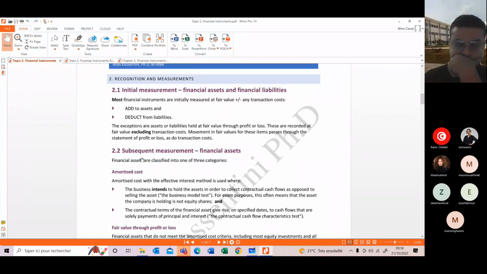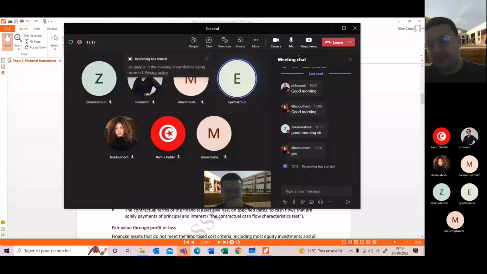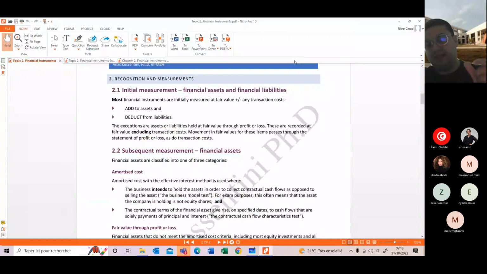Yes. The perspective of the issuer means we deduct the transaction cost. Exactly. In case the issuer is incurring some costs, obviously these are going to be deducted from the financial liability. It's not going to be counted as liability obviously.